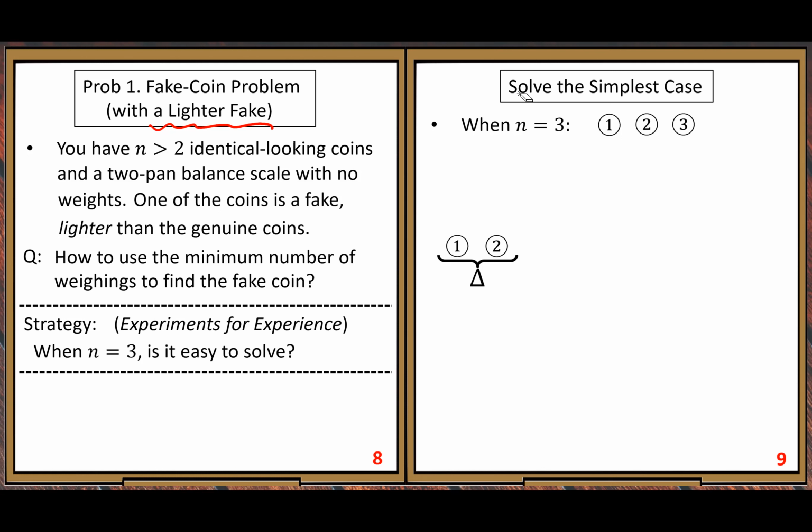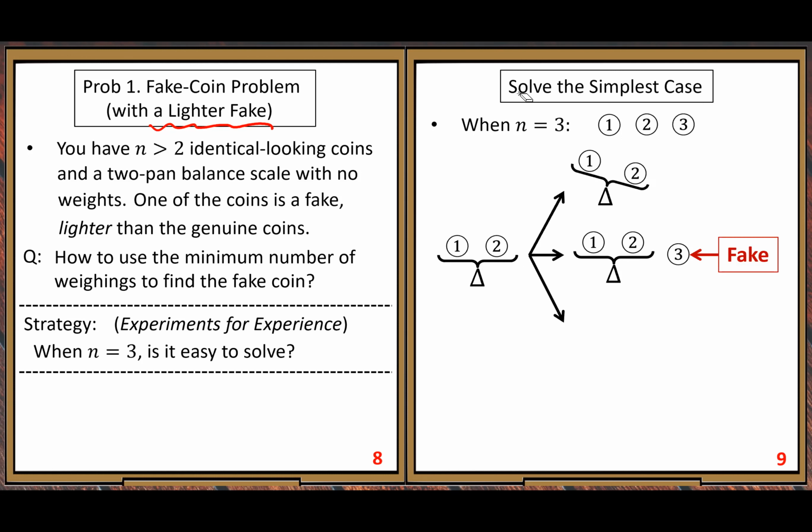And we will have 3 different cases. 1 in the middle, balanced. In this case, which one is fake? 3, fake. Another case, which one is fake? The lighter one, number 1. And 2. So in 1 weighing, we find the fake one, right?